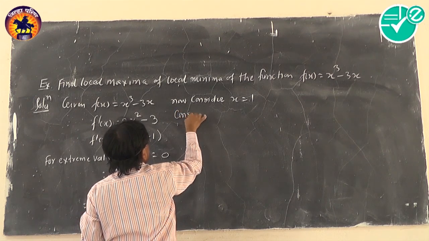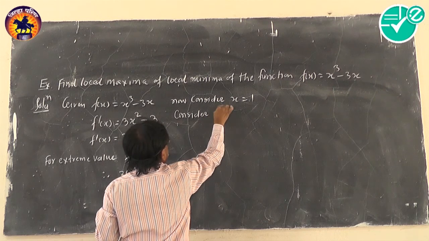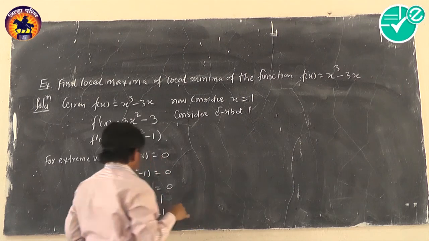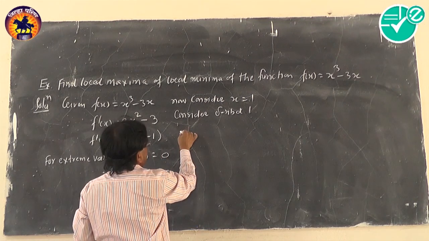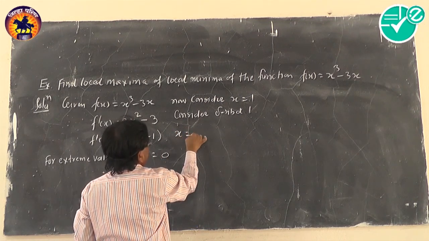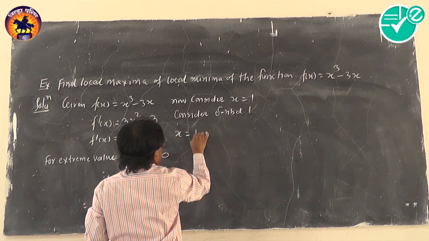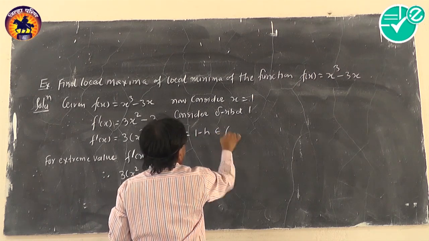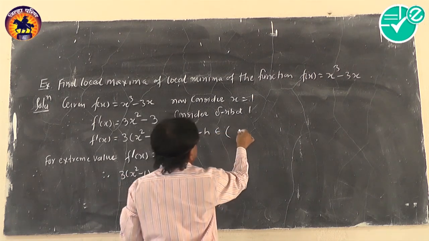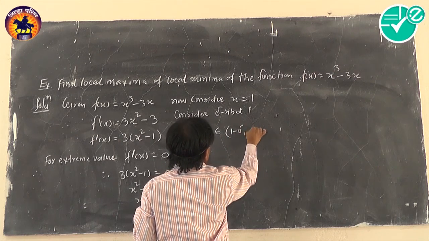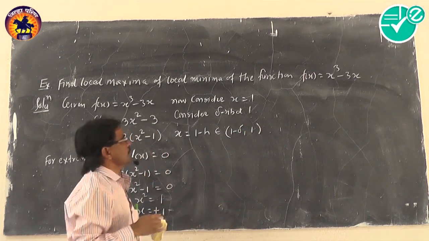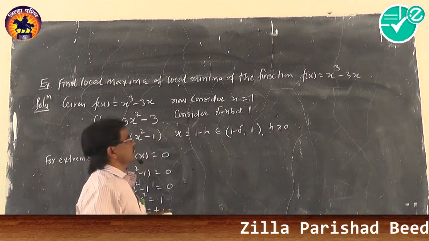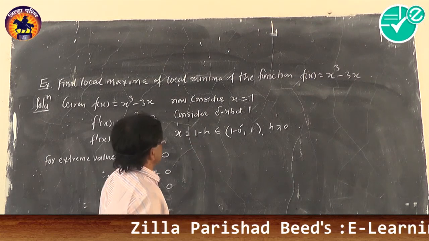Let x is equal to 1 minus h, where 1 minus h belongs to (1 minus delta, 1), and h is strictly greater than 0, h is a positive number.